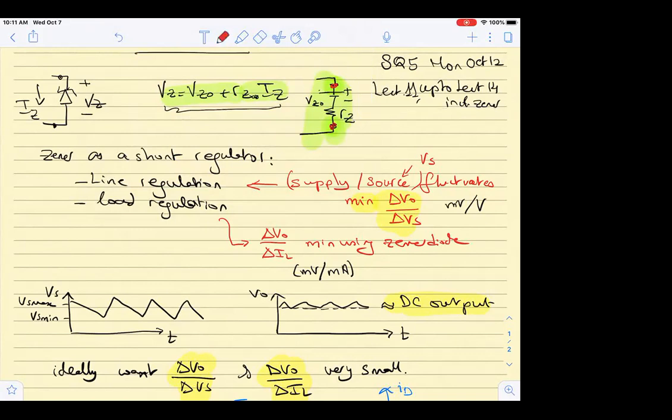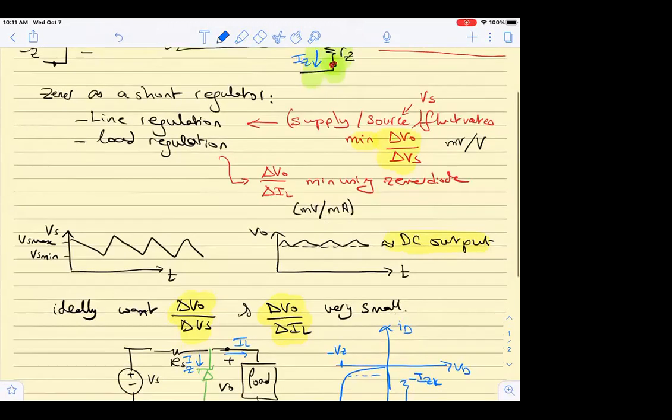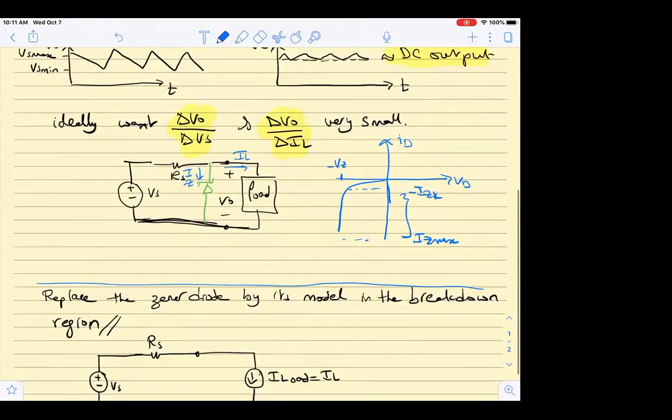Yes, it is true. So if we look at it this way, this is VZ here, so it is equal to VZ0 plus RZ IZ. Did anybody not notice this? So then I can replace the diode that is here, in green.